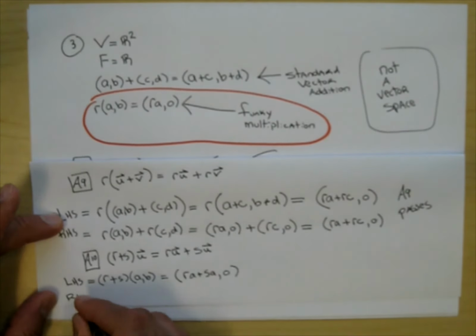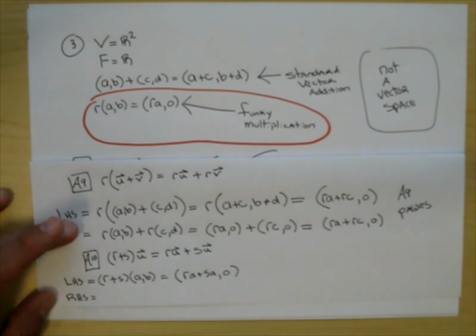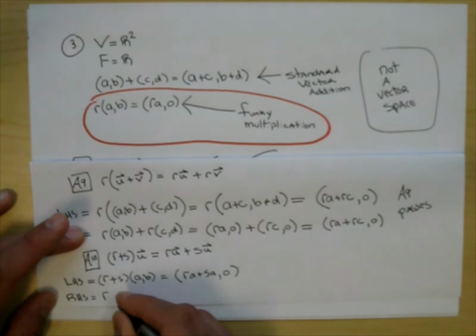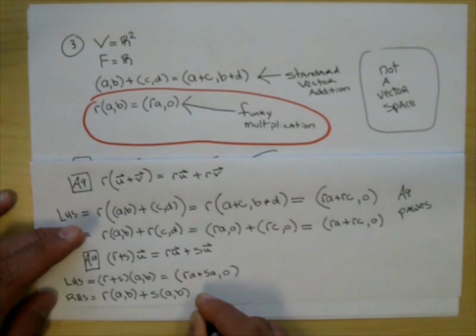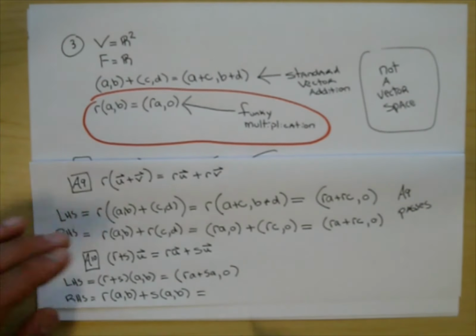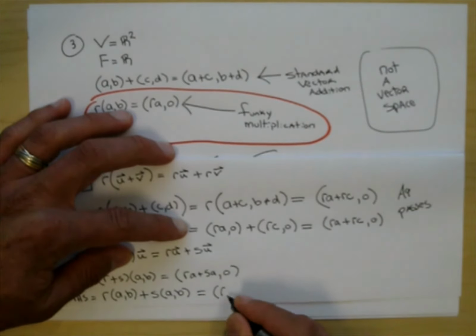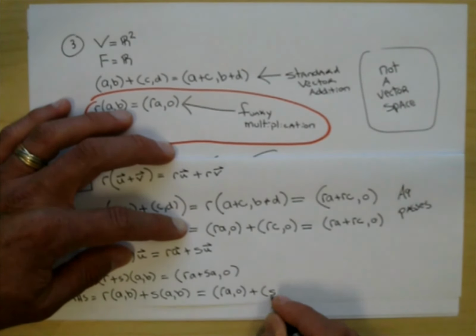The right-hand side, we have RU, which is R times AB, and then plus SU, which is S times AB. I'm going to go ahead and do my funky multiplication, so I have RA0 plus, and then this one's going to be SA0.